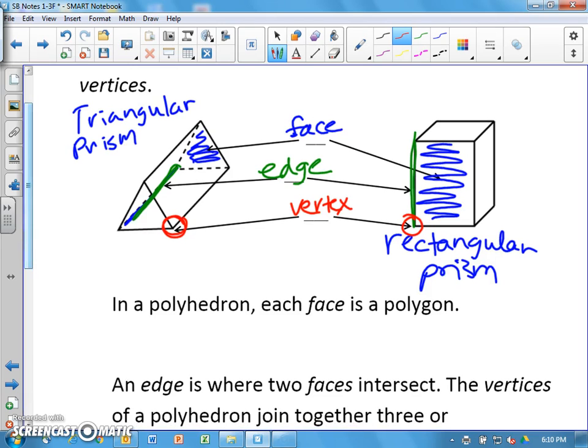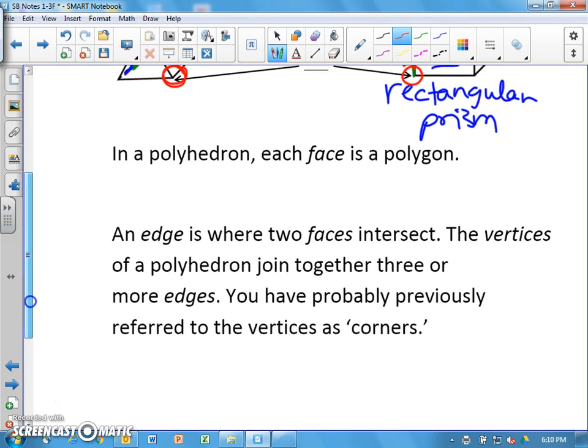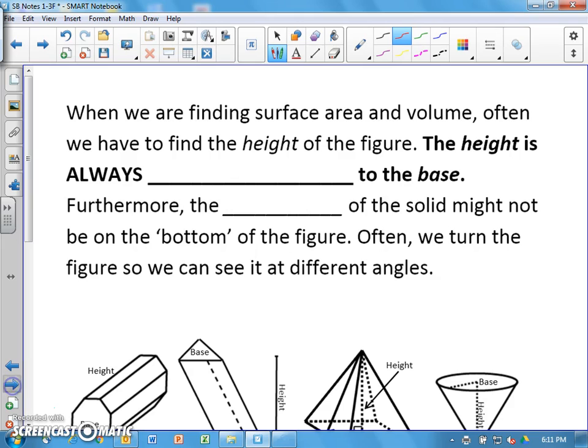In a polyhedron, each face is a polygon. Our edge is where 2 faces intersect. If you were making these, it would be where the folds are. Your vertices join together 3 or more edges. Frequently we'll call these corners, but in geometry we try to be very specific with our language, so we'll refer to those as vertices.